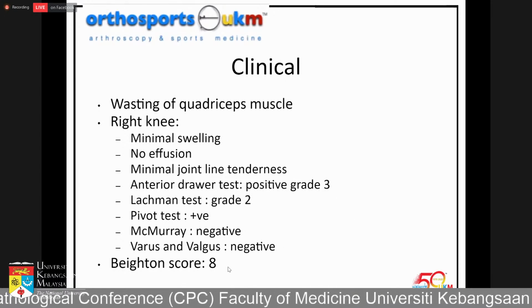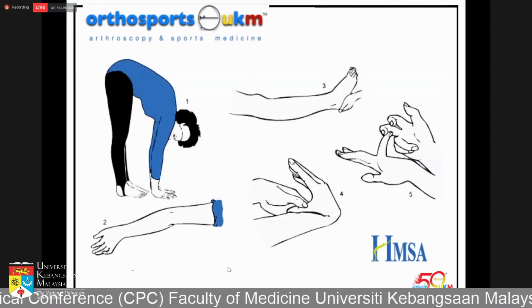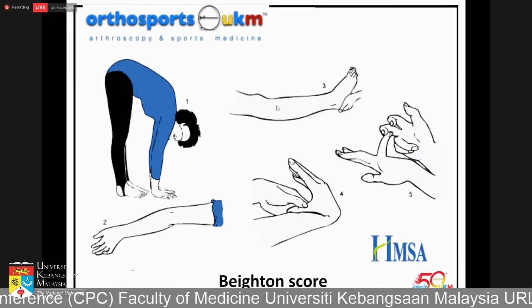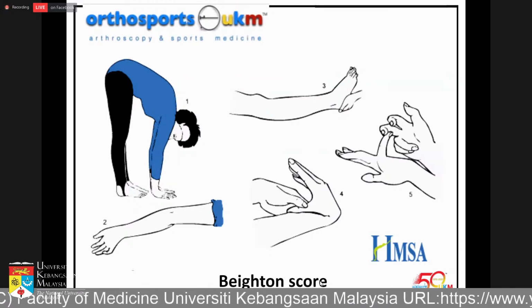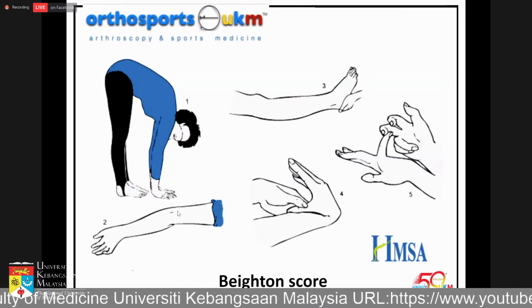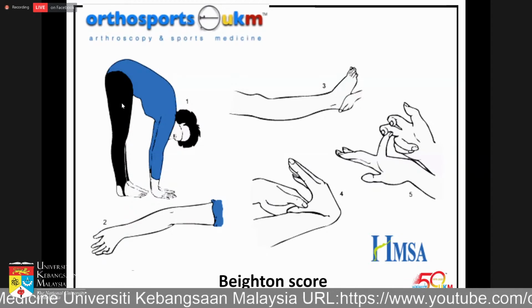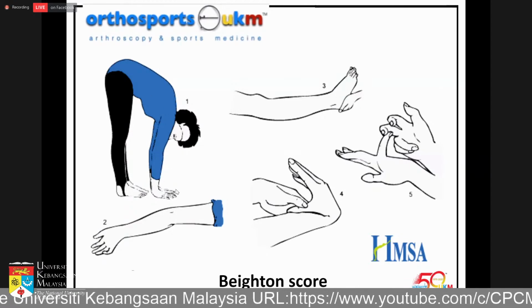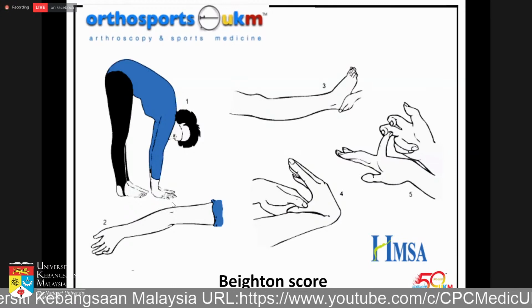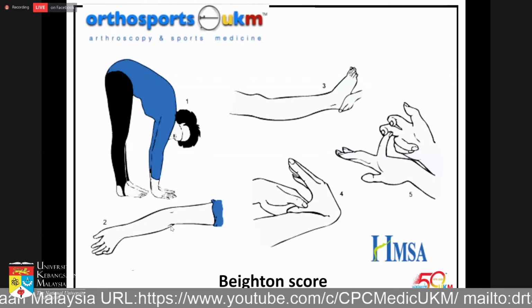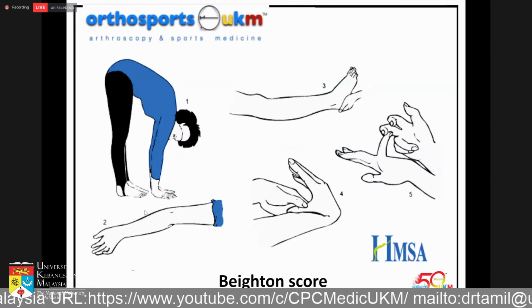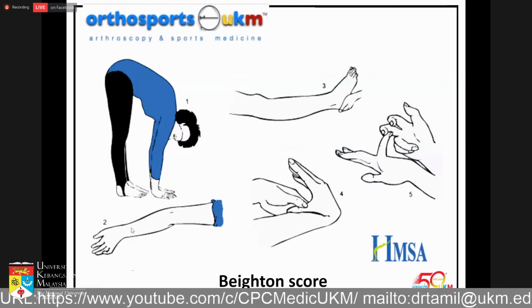So what is the Beighton score? The Beighton score is a scoring system developed to quantify joint hypermobility. One point is given when the patient is able to bend down with the palms touching the floor. The second point is we look at the elbow joint, and there is hyperextension of the elbow joint of more than 10 degrees.